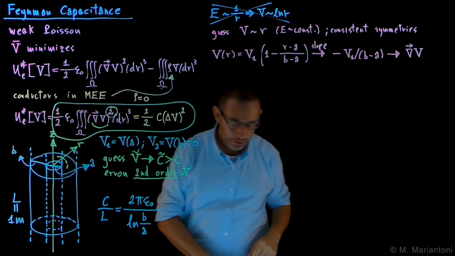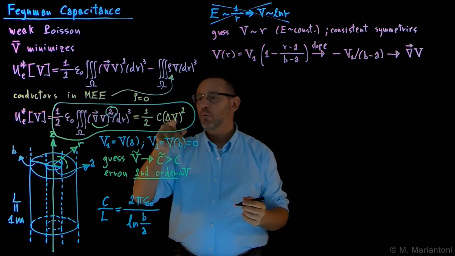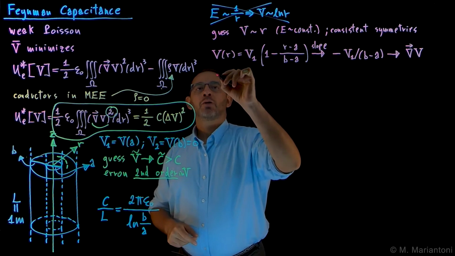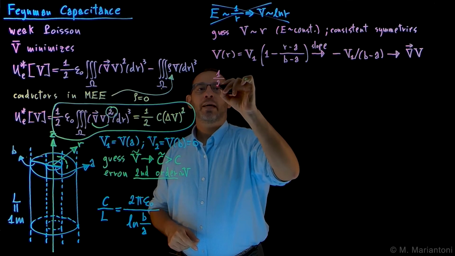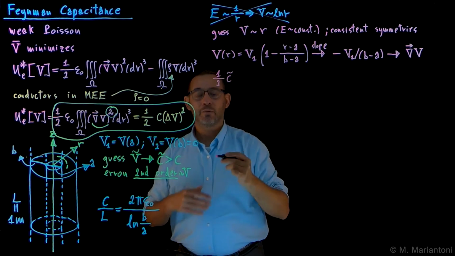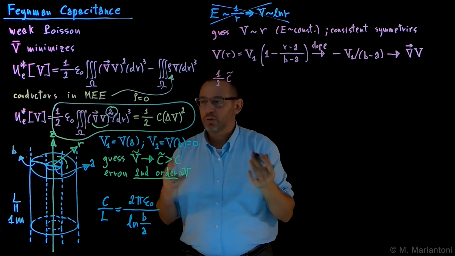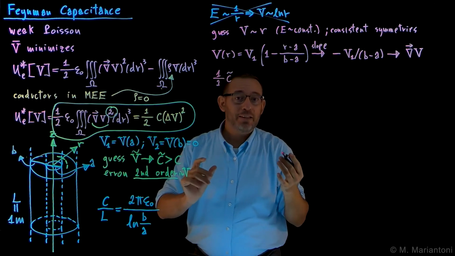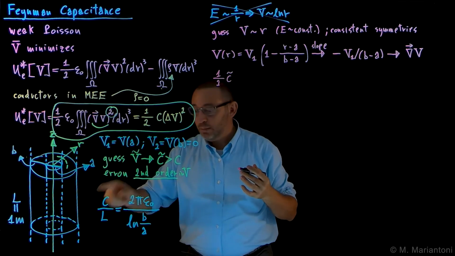We plug it in here and we get the following equation, equating to what we want to guess. Here we are trying to find the capacitance, which we call C tilde, our guessed capacitance. So it's not the real one. In fact, it should be larger than the actual C calculated by this means.